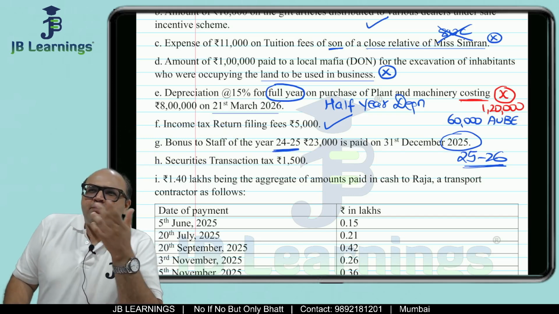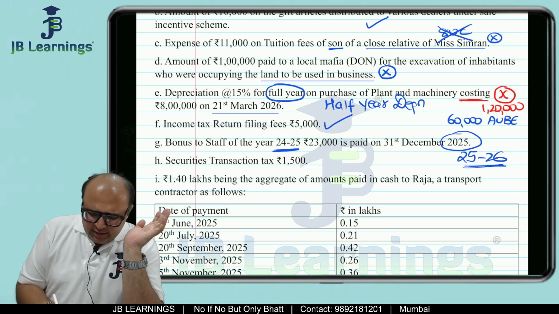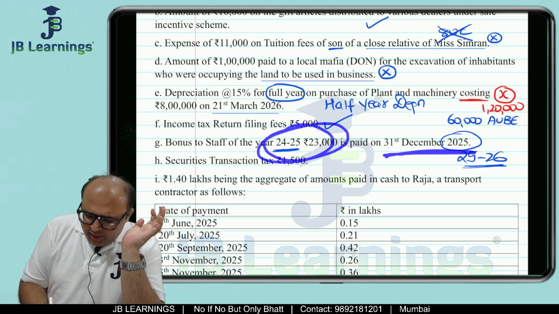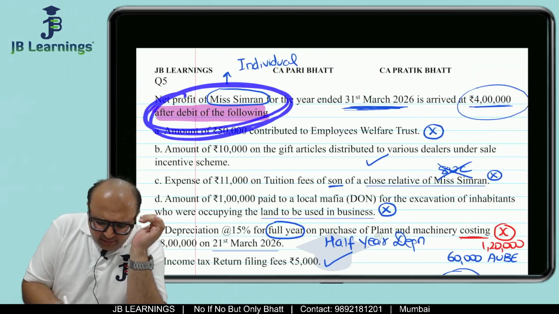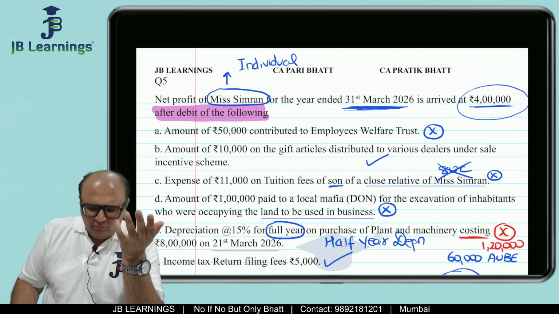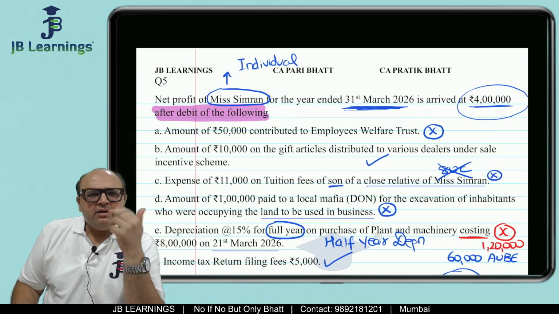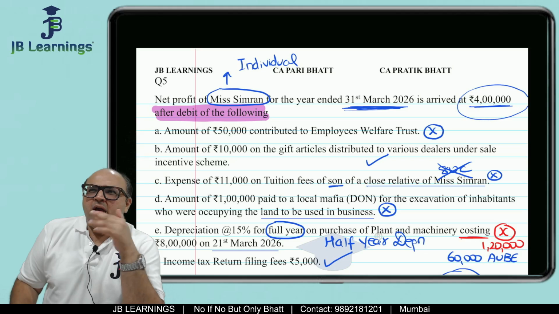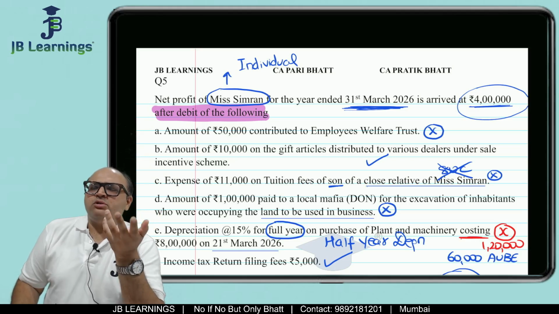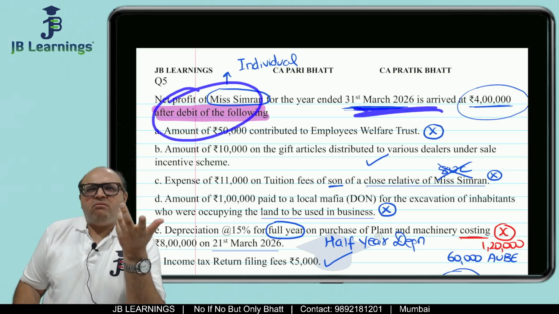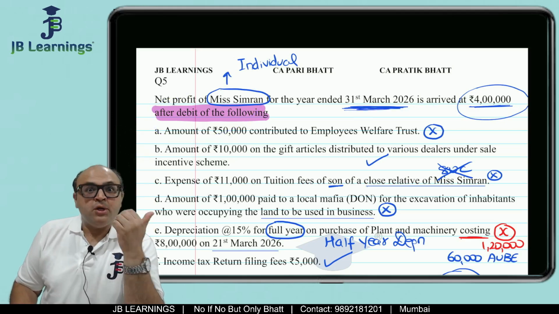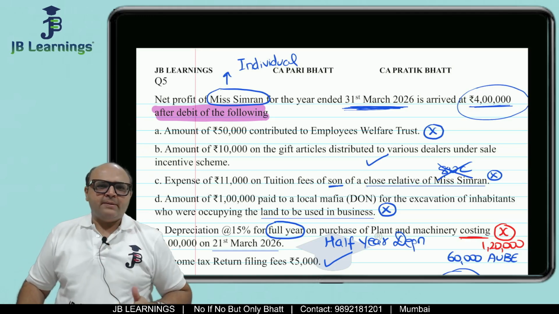Now friends, tell me, last year's expenditure paid in the current year, and they are saying it is debited to the P&L. Friends, why have they given this information? Last year's bonus to staff, debited in current year's P&L. Is this important? Yes, very important, friends.